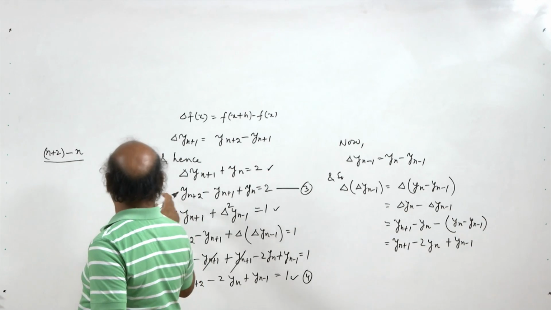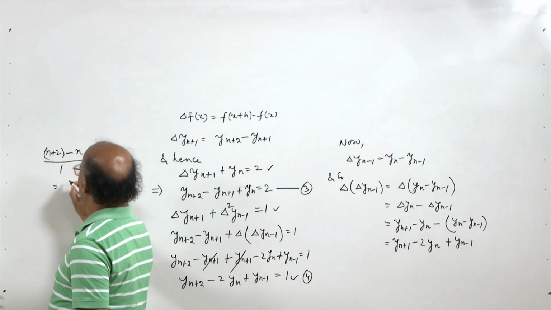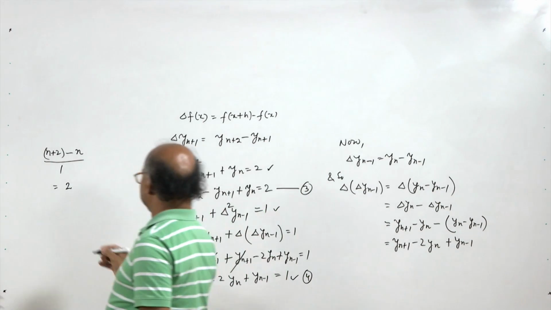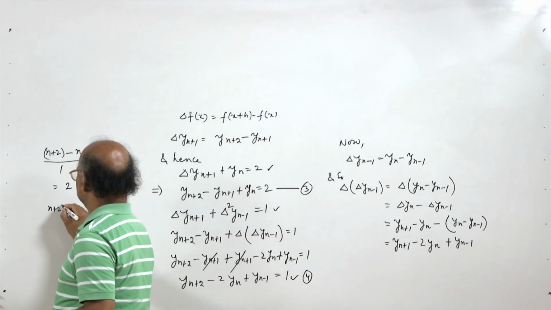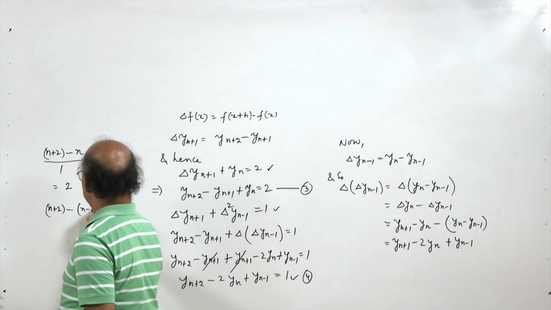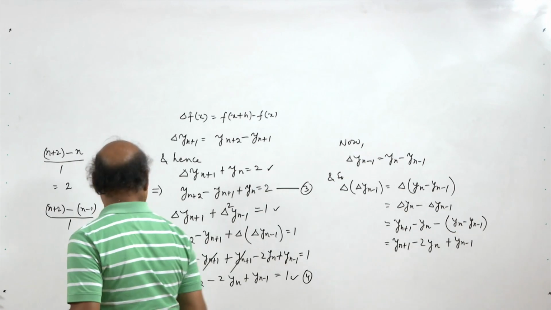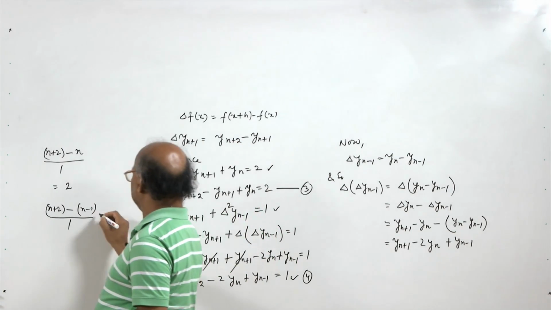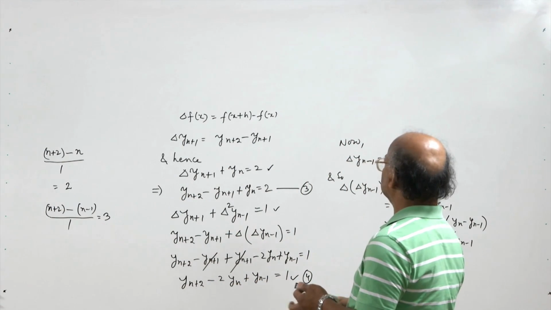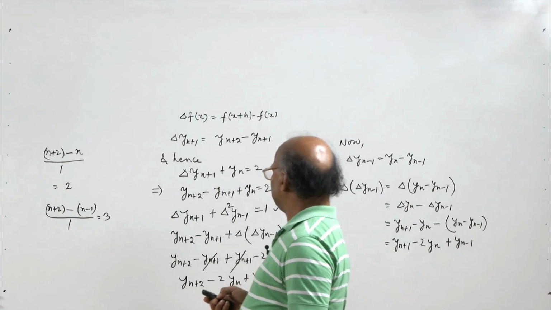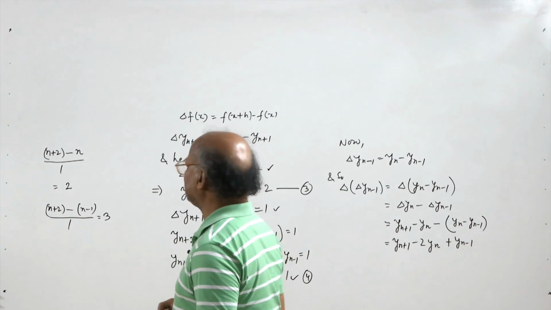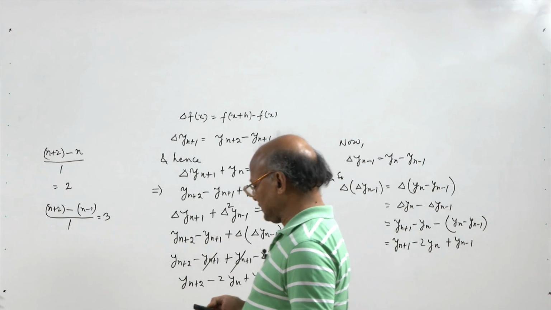So, this is 2, so it is of second order. In 4, the largest argument is n+2, the smallest argument is n-1, divided by the unit of increment 1, so we get 3. So, equation 3 is of second order and equation 4 is of order 3.